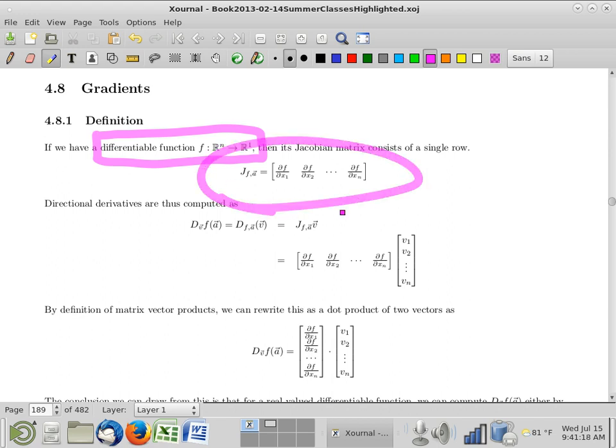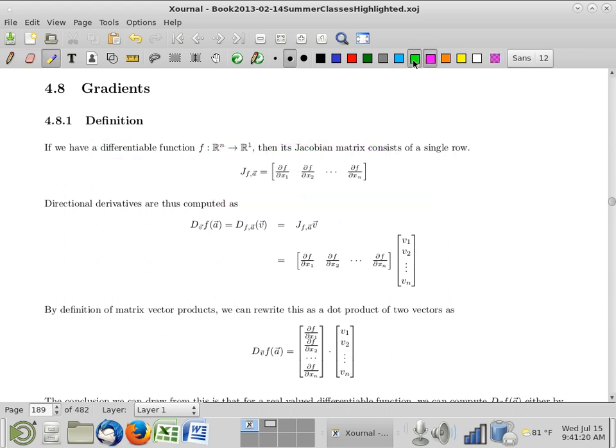Okay. So now here I'm considering a special case where we're looking at a real valued differentiable function. Real valued, keep in mind, just means that the output is a single real number.